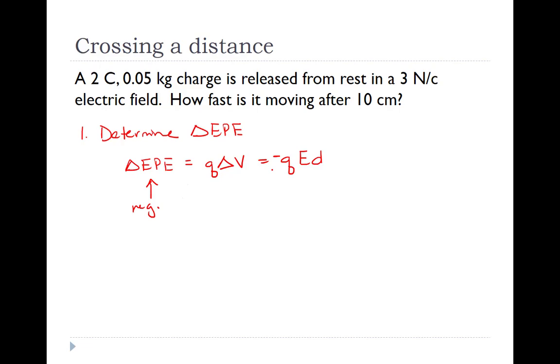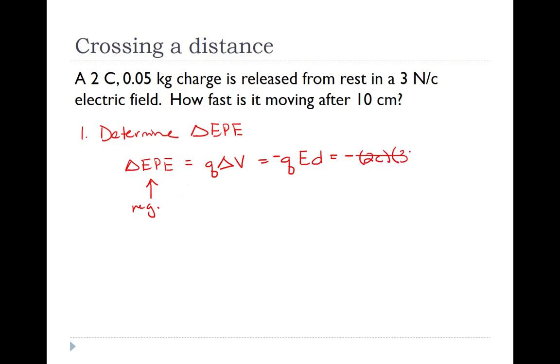When we worked the example in the first section, the negative fell out because of how we set up the potentials. We started at 0 and then we moved to a negative V. Same idea here, but writing it in this form allows me to plug in my numbers. So I have a negative sign for this times a charge of 2 coulombs.